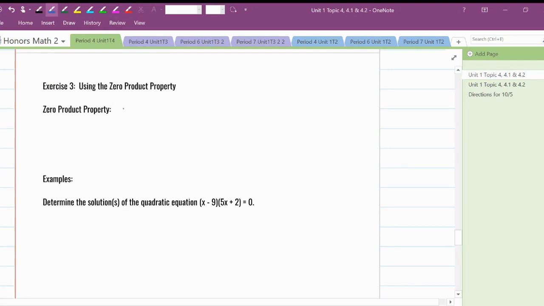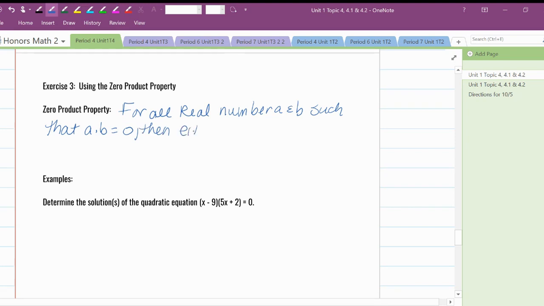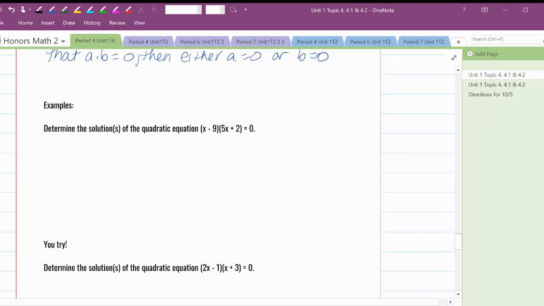Our zero product property says, for all real numbers A and B, such that A times B equals 0, then either A equals 0 or B equals 0.